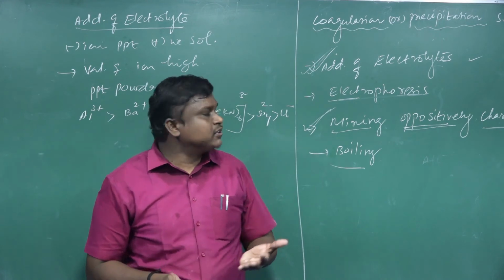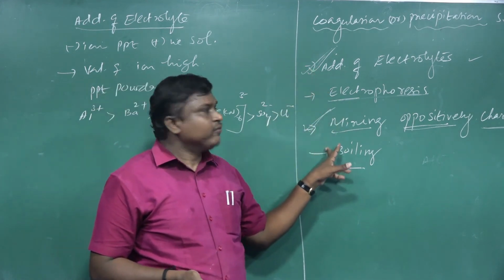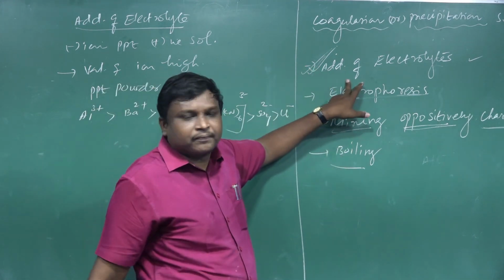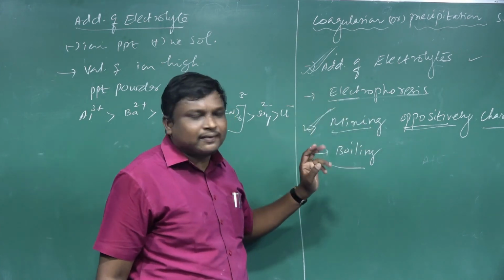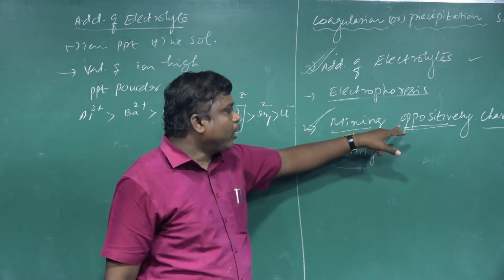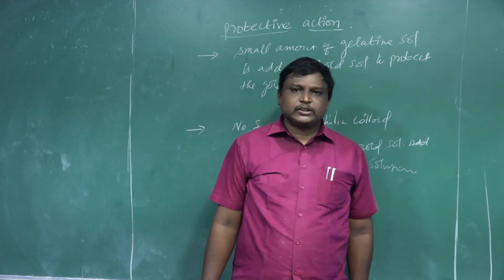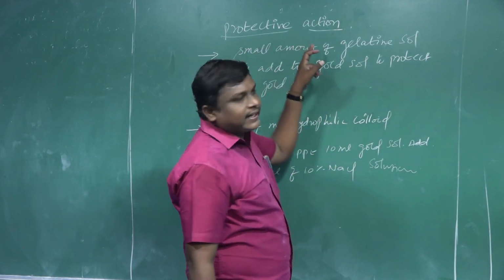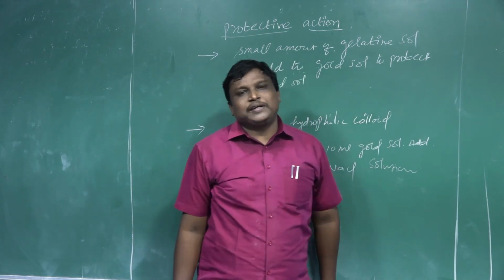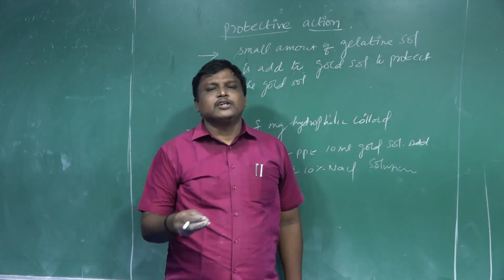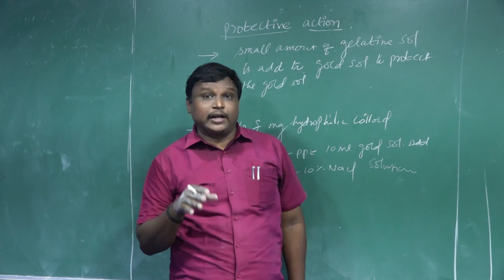There are 4 points. First, addition of electrolyte. Second, electrophoresis. Third, mixing of oppositely charged salts. Fourth, boiling. Okay. Next one, protective action. Generally, lyophobic salts get precipitated even with a small amount of added electrolyte.